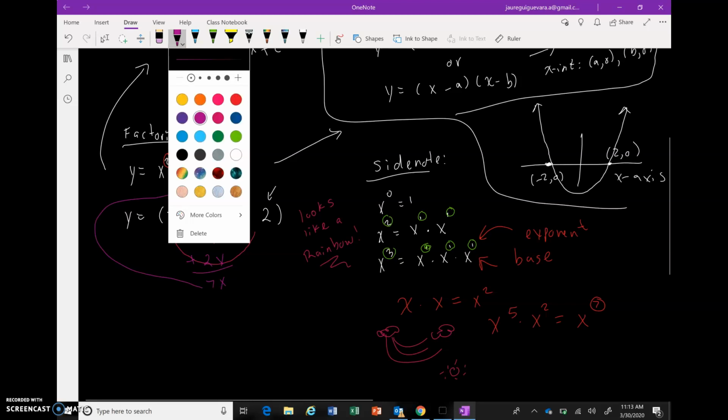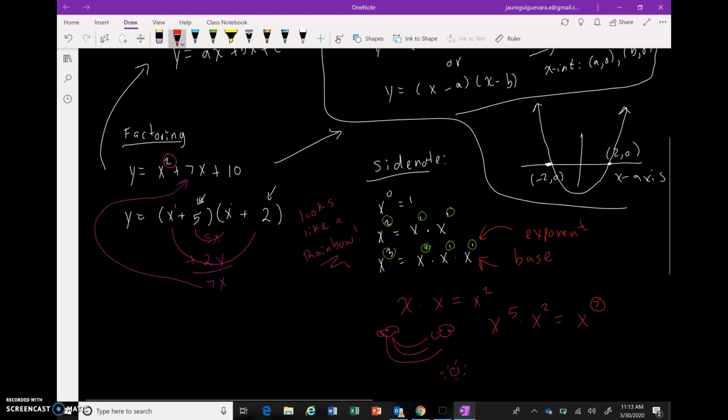So let me go ahead and say, answer: y is equal to x plus 5 times x plus 2. This is your answer, and this is called factored form.